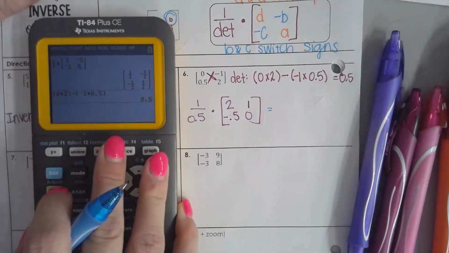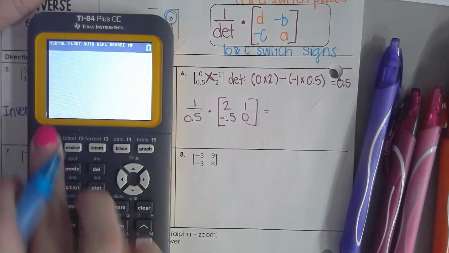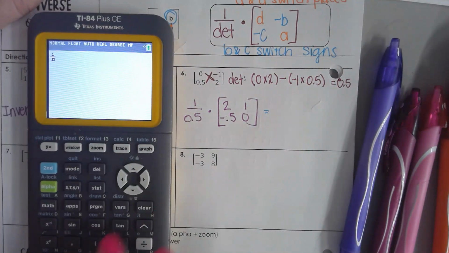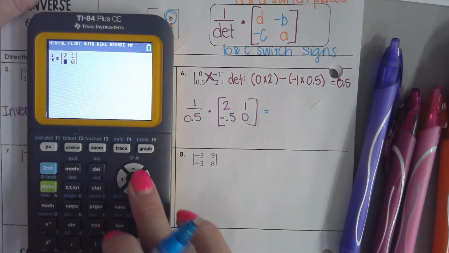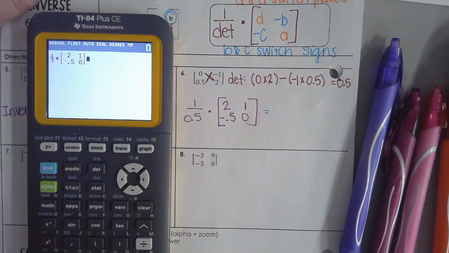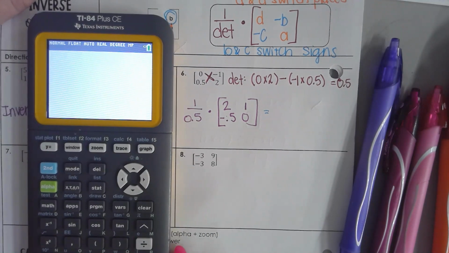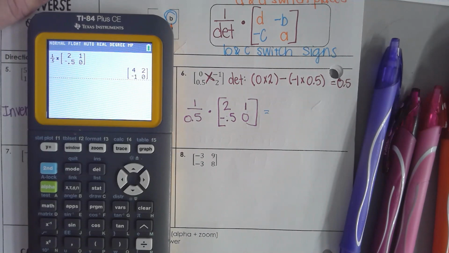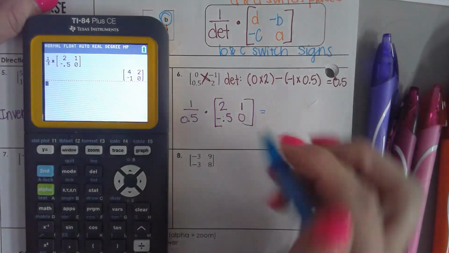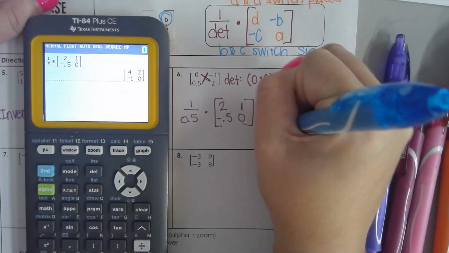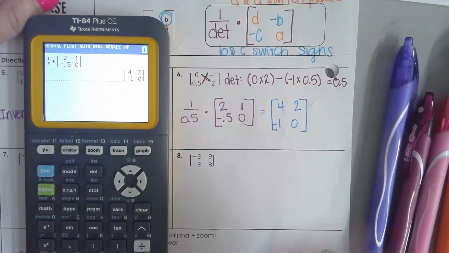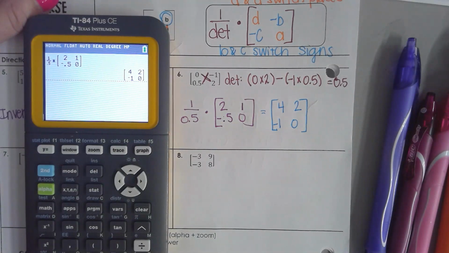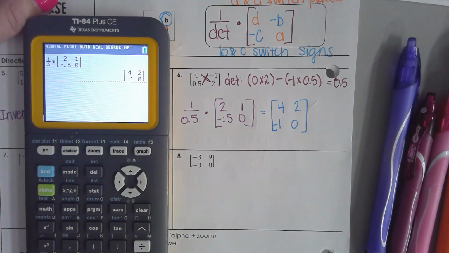And then you can just type that in your calculator, and you should get 4, 2, -1, and 0.